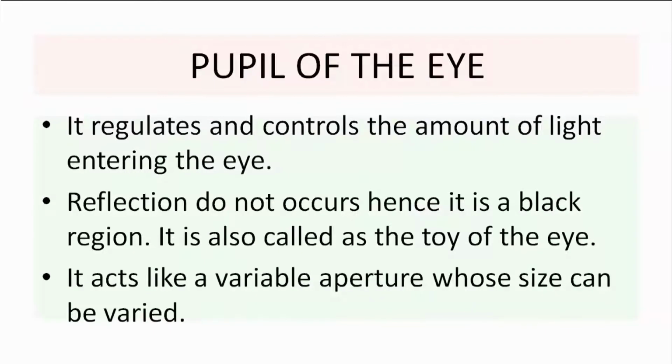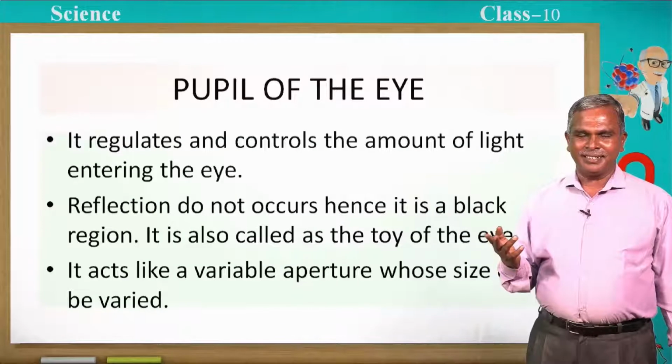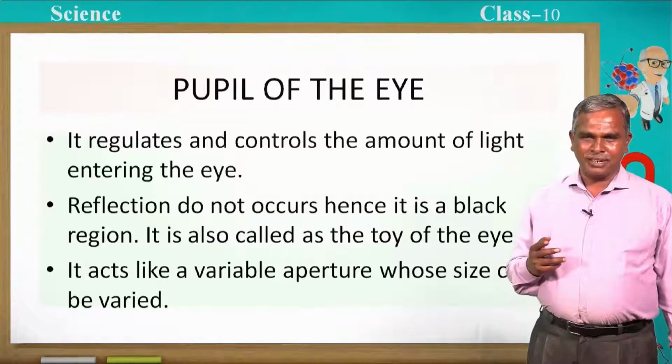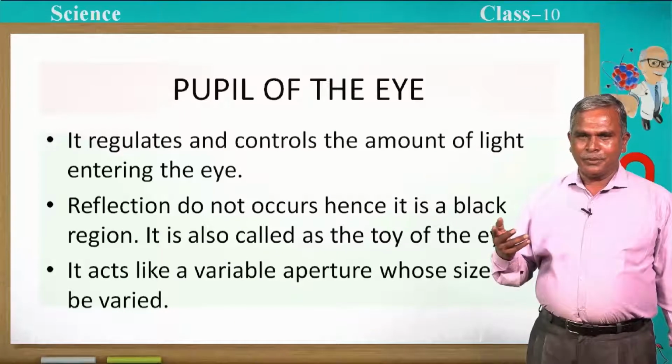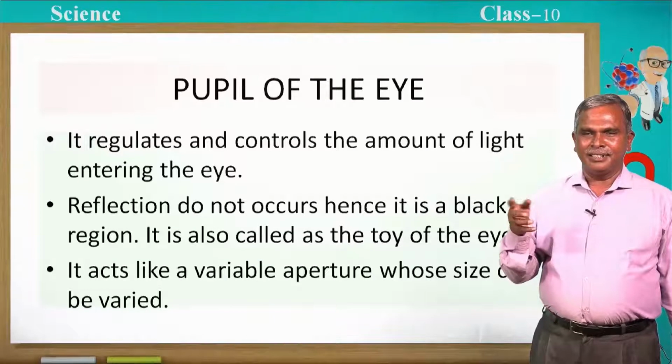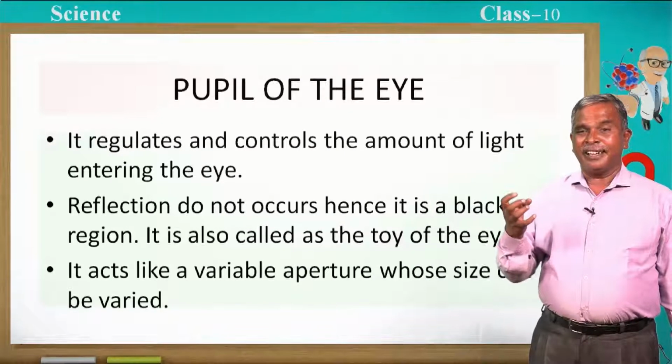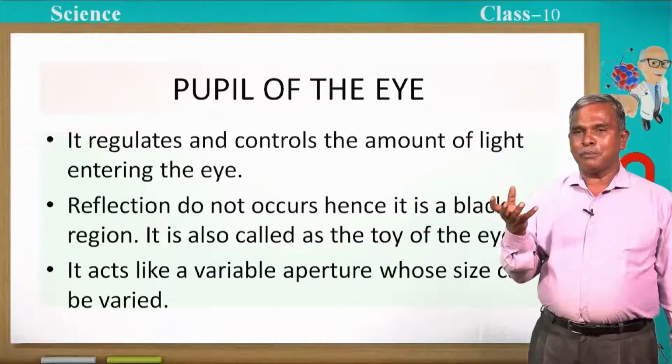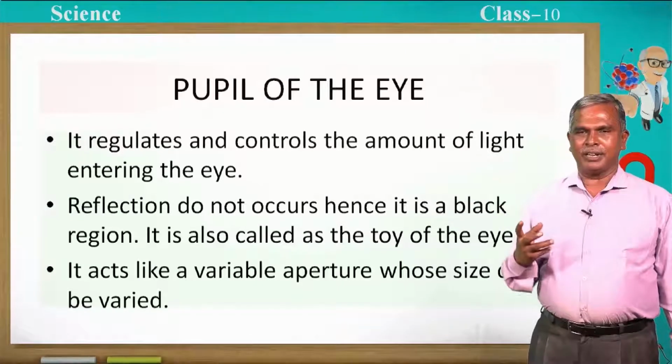Sometimes, suppose you enter a cinema theatre from outside, and in the theatre all the lights are switched off. At that moment you cannot see anything. In that situation, the pupil expands and allows more light to enter our eye.